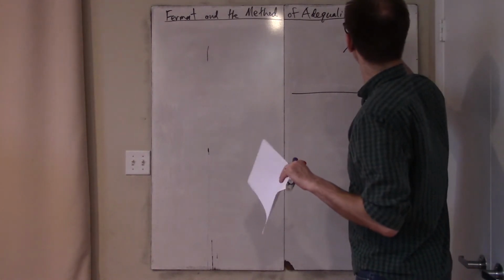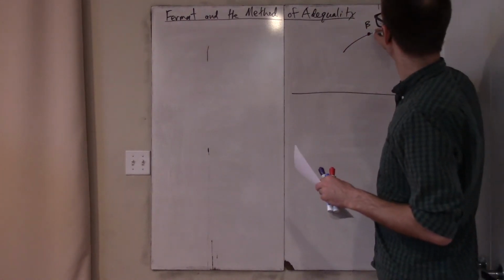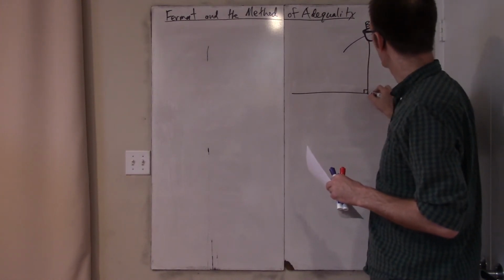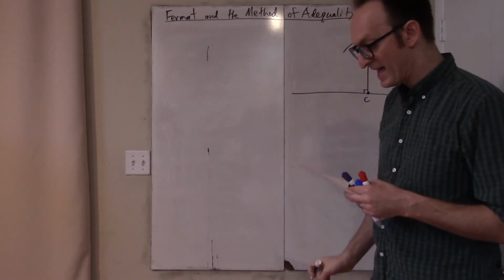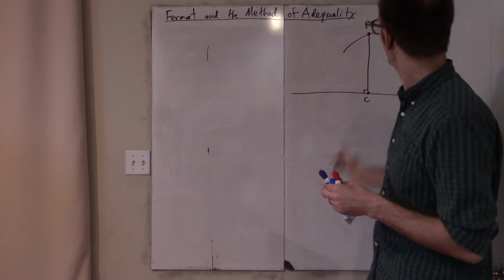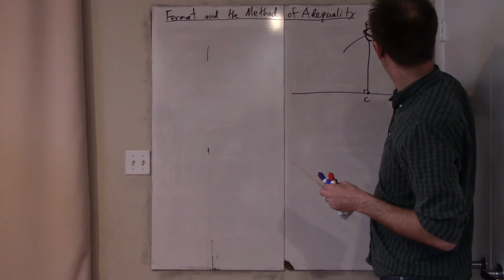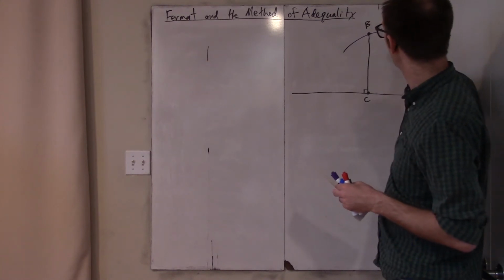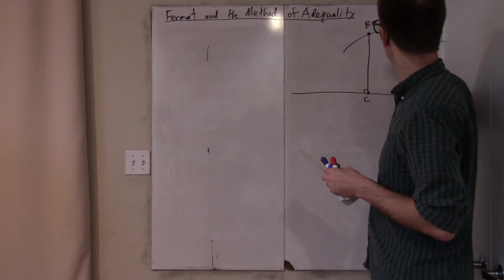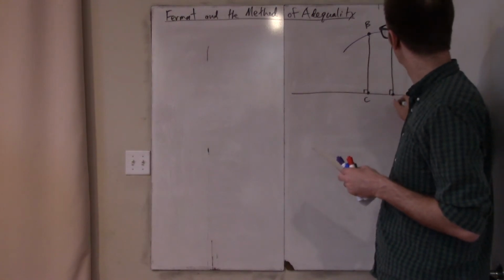Let's call the point of interest B. Drop a perpendicular down to the axis that you've established, and call that point C. Then think of there as being another point F, which is just a tiny bit farther along the curve. We can also drop a perpendicular from F, and call this point I.